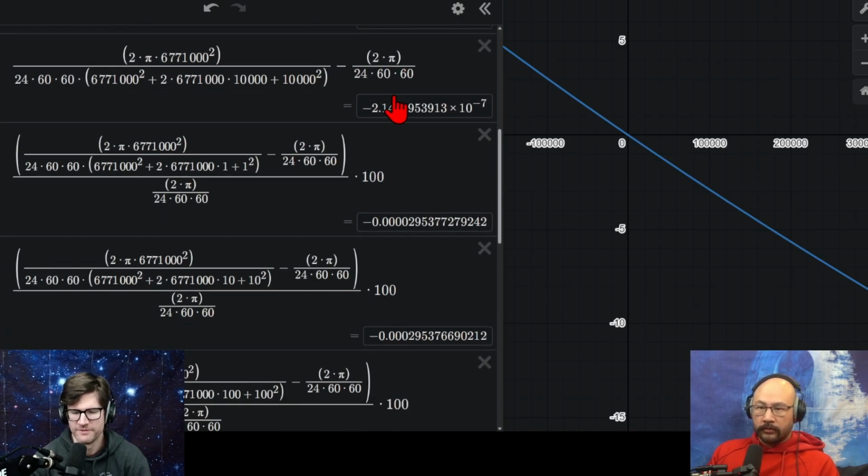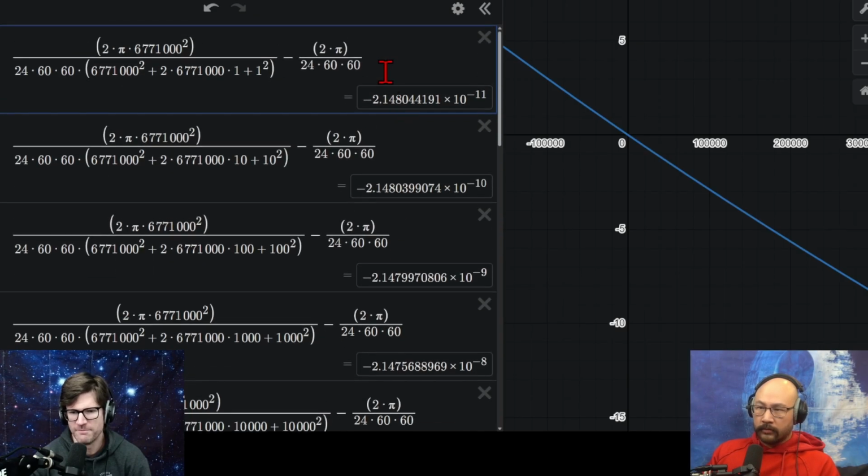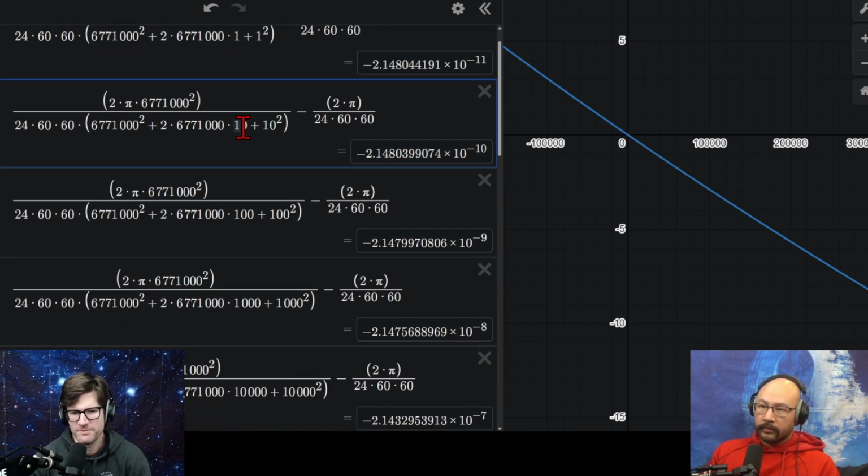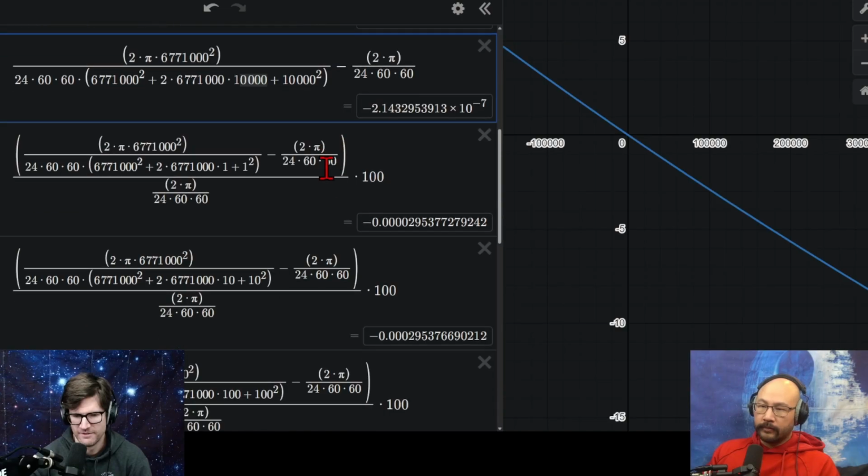If you go to the very top calculation, I'm going up 1 meter. Here's your delta R. Next one, I'm going up 10 meters. 100, 1,000, 10,000 meters.